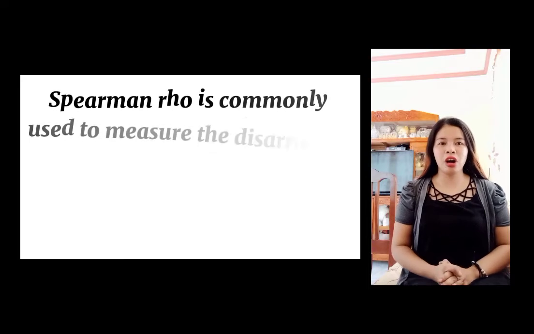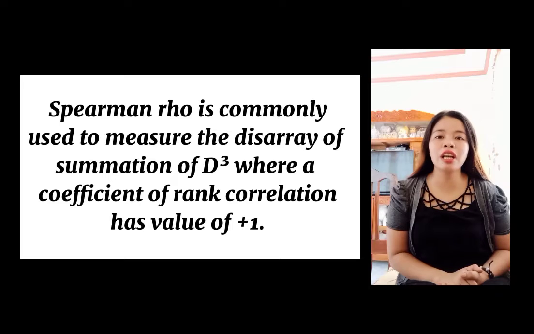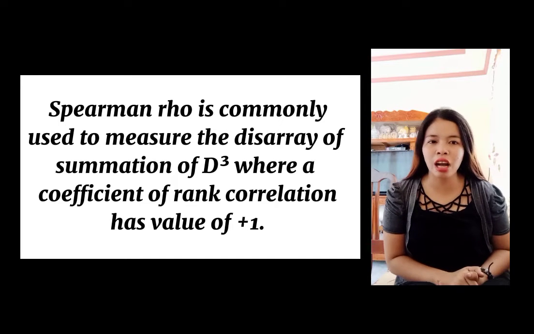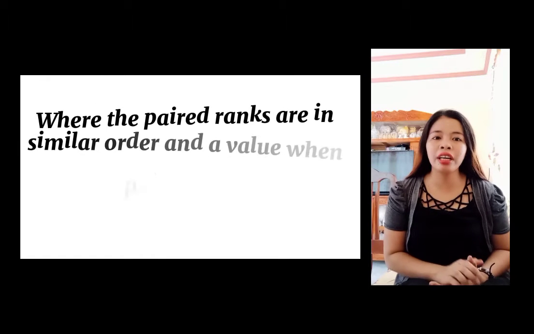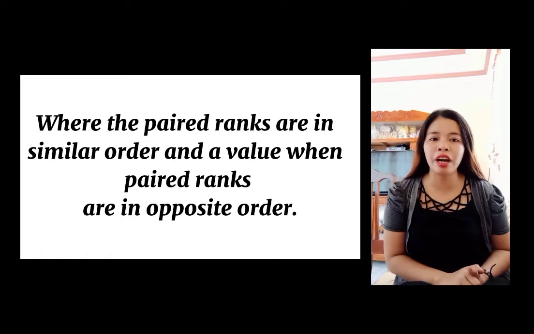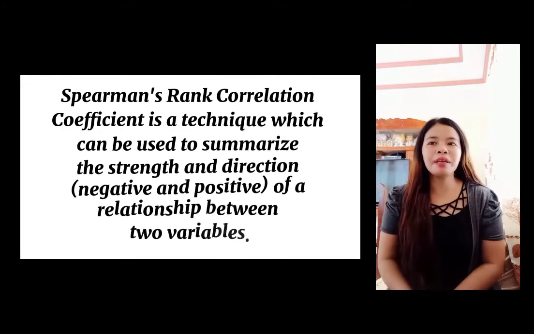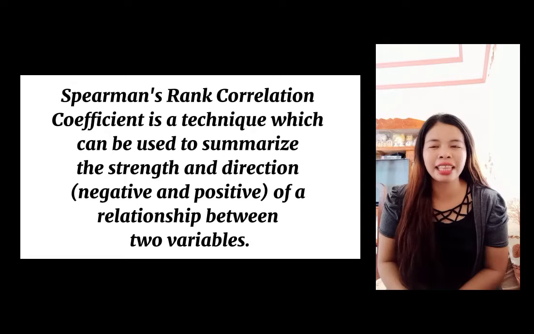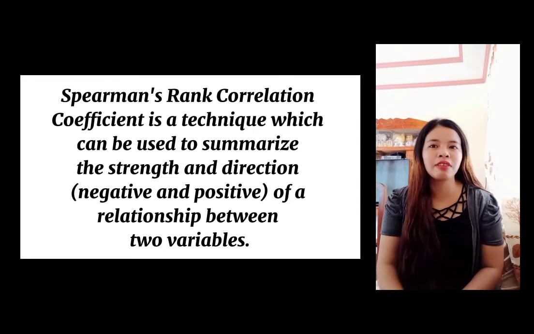So Spearman rho is commonly used to measure the disarray of summation of d squared, where a coefficient of rank correlation has a value of +1 where the paired ranks are in similar order, and -1 when paired ranks are in opposite order. So overall, Spearman's rank correlation coefficient is a technique which can be used to summarize the strength and direction, both negative and positive, of a relationship between two variables.